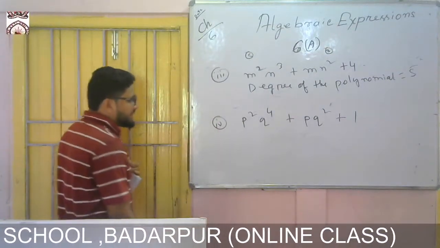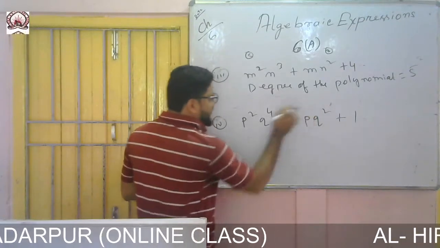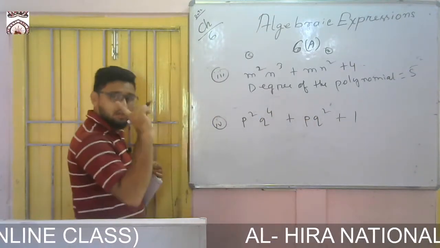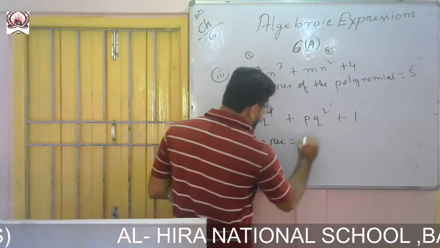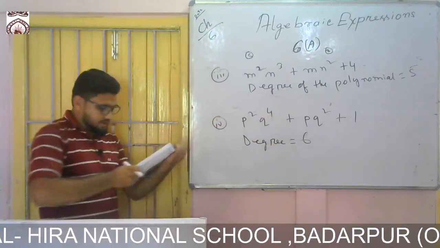So here you see 2 plus 4 is 6, and 2 plus 1 is 3. So the degree of this polynomial will be 6. So write degree 6, because 2 plus 4 is 6.